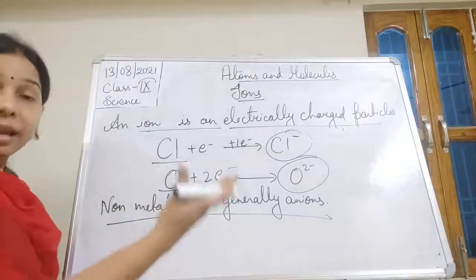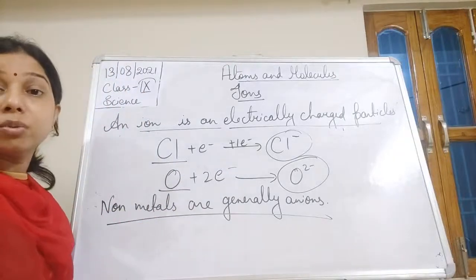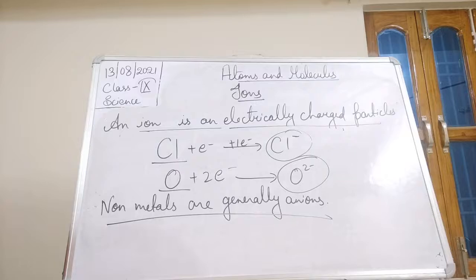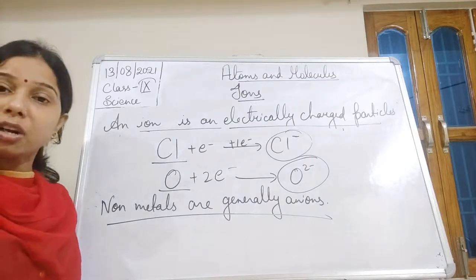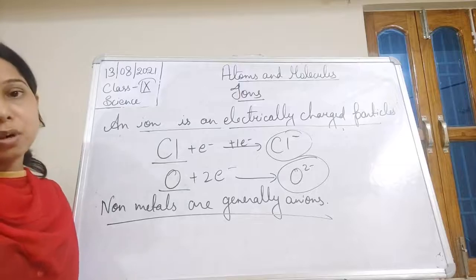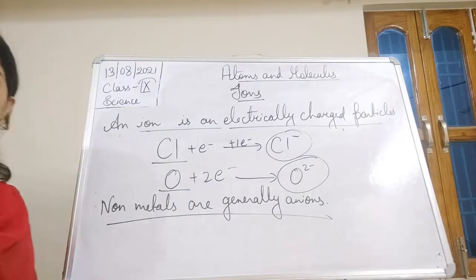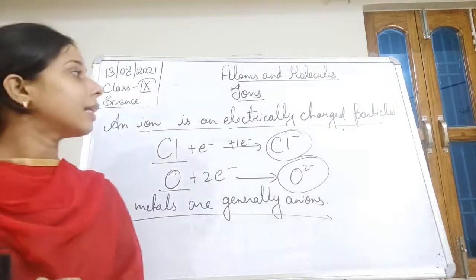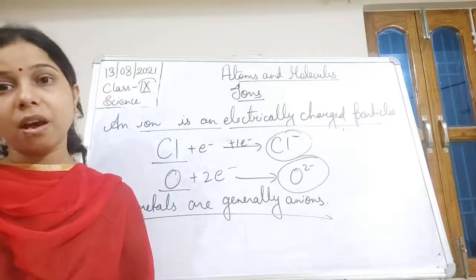Similarly, 3 minus is also there when it gains 3 electrons. So this is how we can say that ions are charged particles having a positive charge or a negative charge. Thus, there are two different types of ions.